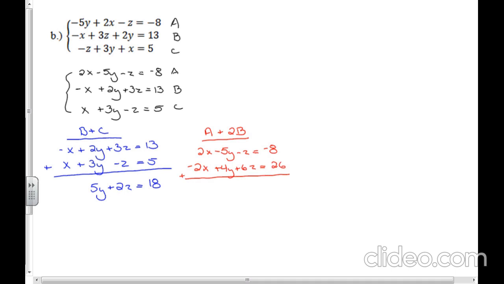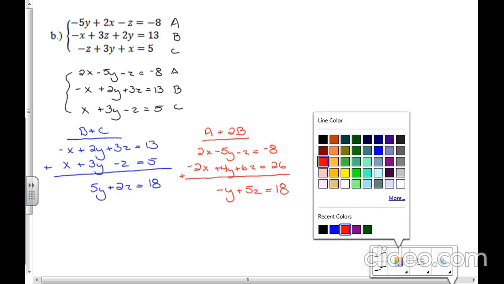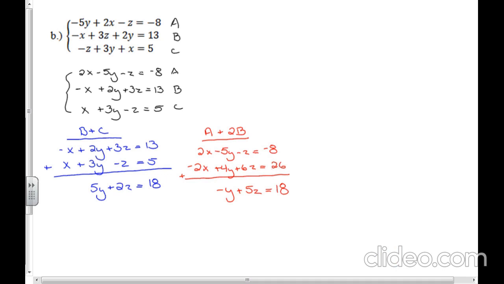Now if I add those two together, that's going to give me negative y plus 5z equal to 18. So here, through elimination, I've done elimination twice, and I now have two equations, each with two variables. So that allows me to create a new system: 5y plus 2z equals 18, and negative y plus 5z equals 18.